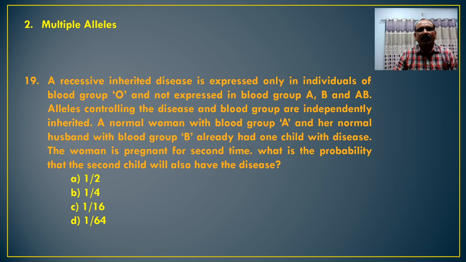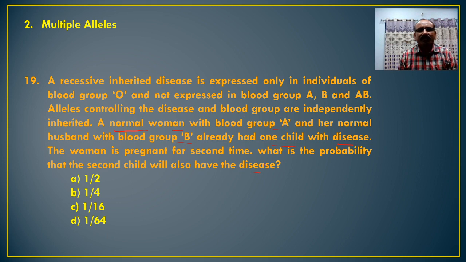A normal woman with the blood group A and her normal husband with the blood group B already had one child with the disease. Now, the woman is pregnant for the second time, and what is the probability that the second child will have the disease?